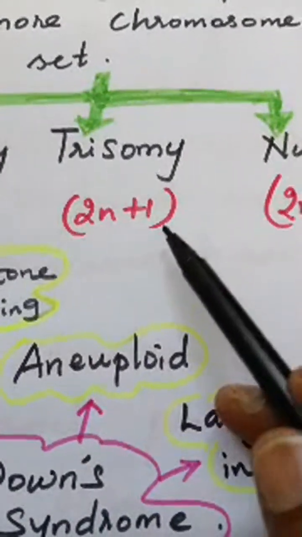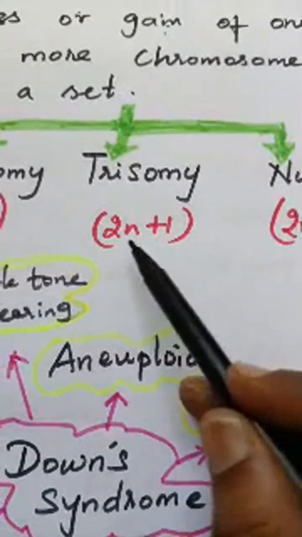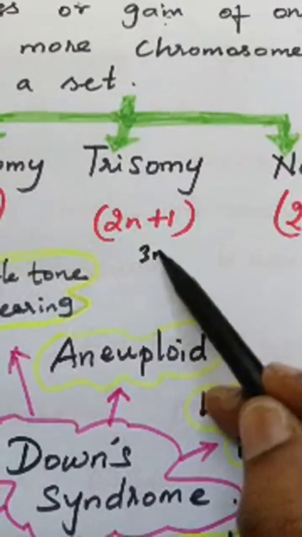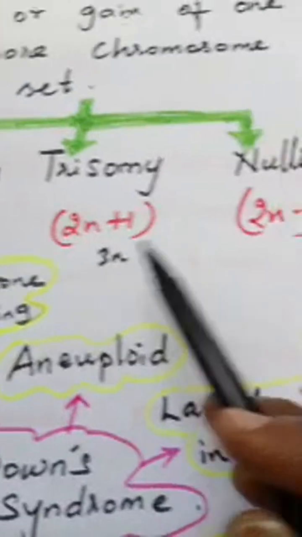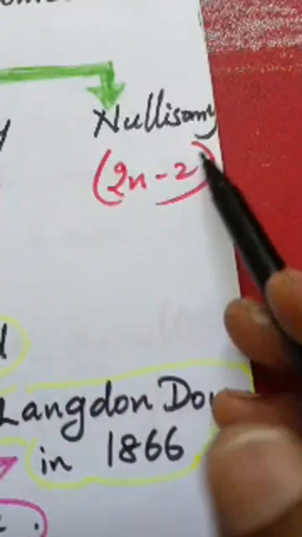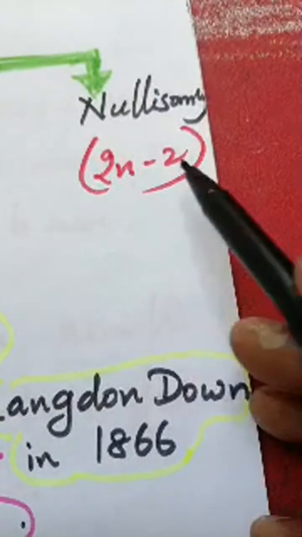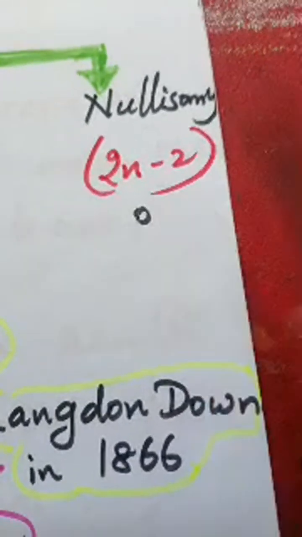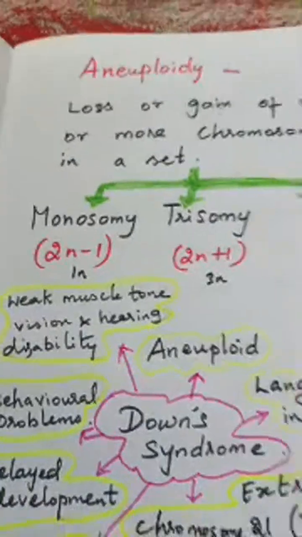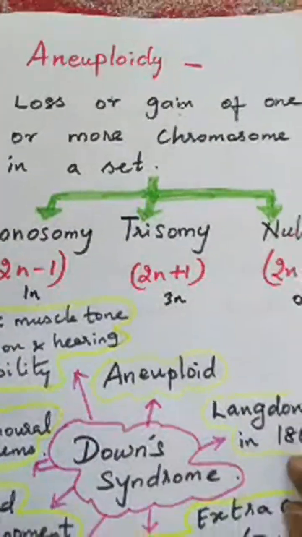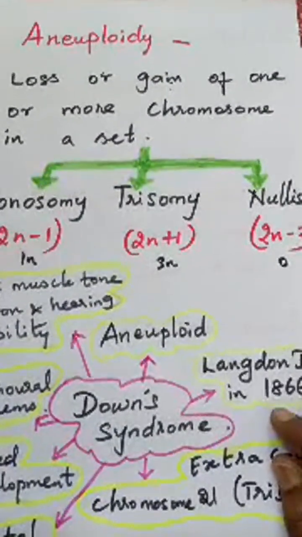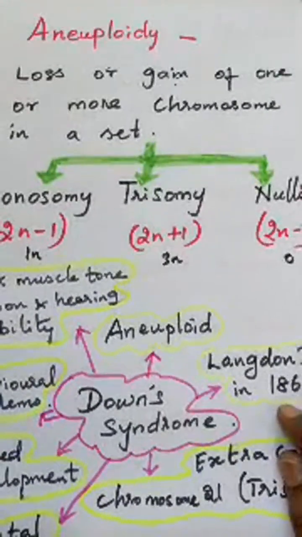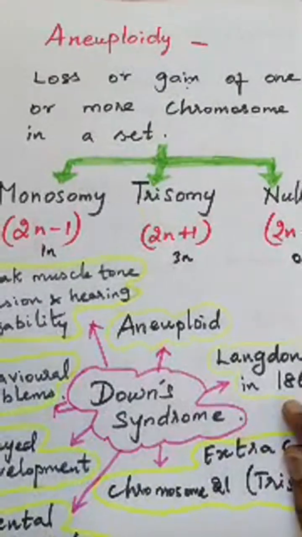If you add 1 chromosome to this 2n, you will get 2 plus 1, 3. This is 2 minus 1, this is 2 plus 1, and this is trisomy. And nullisomy, you subtract 2 minus 2, so you will get 0. That is nullisomy. Clear? So this is about aneuploidy. Aneuploidy is the loss or gain of one or more chromosomes in a set. It may be either the gain or the loss.